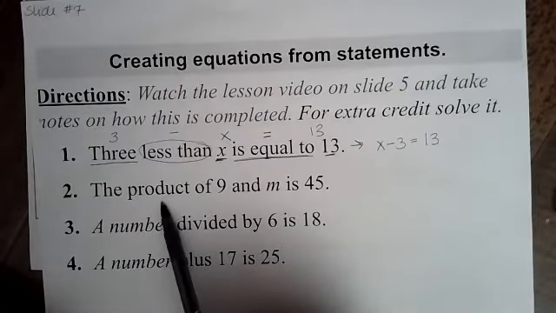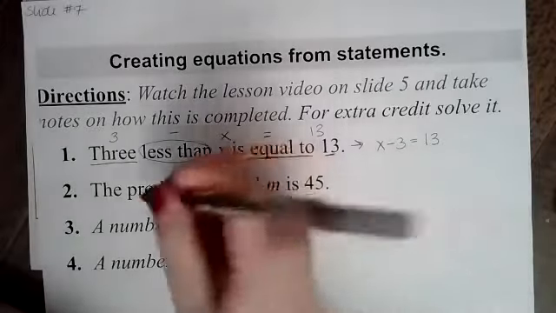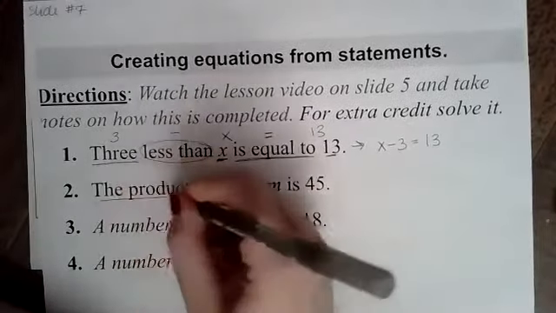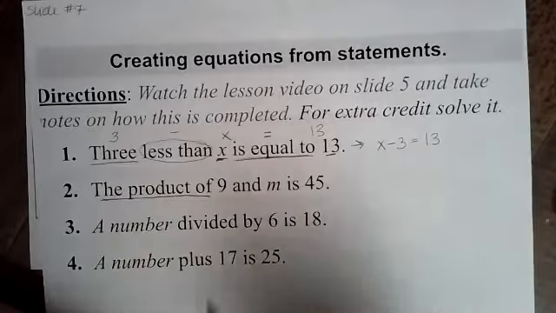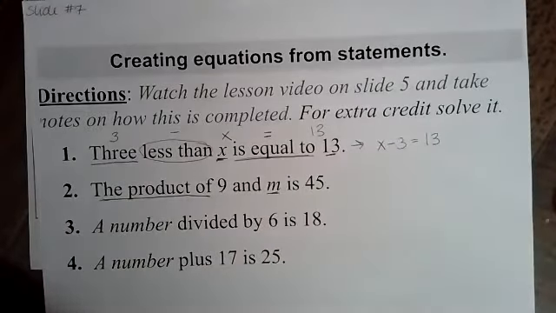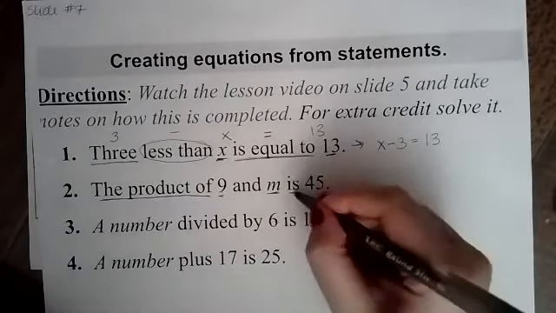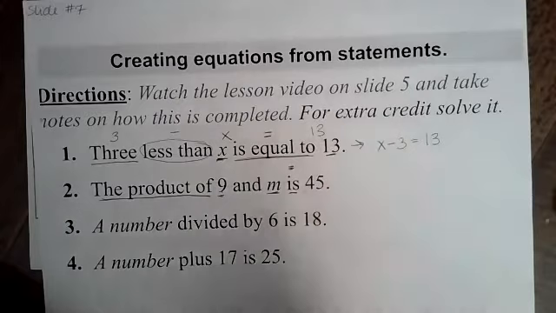The product of 9 and m is 45. The product of, that's one operation, okay? 9 and m. So it looks like I have to multiply two things, 9 and m. Is, which is equal to 45, okay?